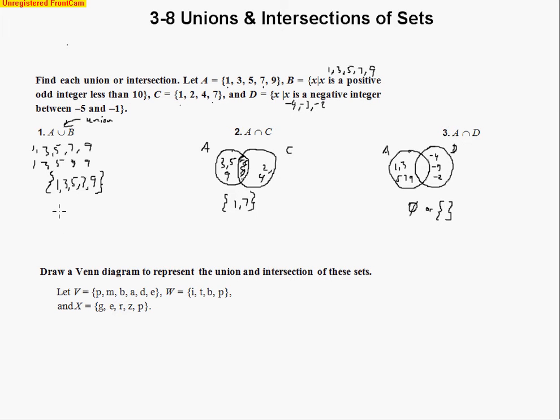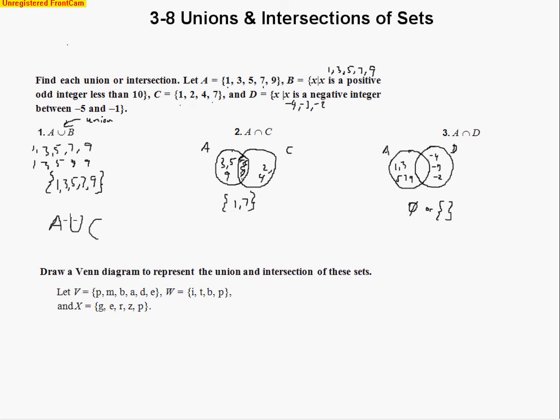Let's go with A union C. So let's change that. It looks like a U there instead. So A union C. So you can see that an intersection is just the stuff that works for both of them, that they share in common.